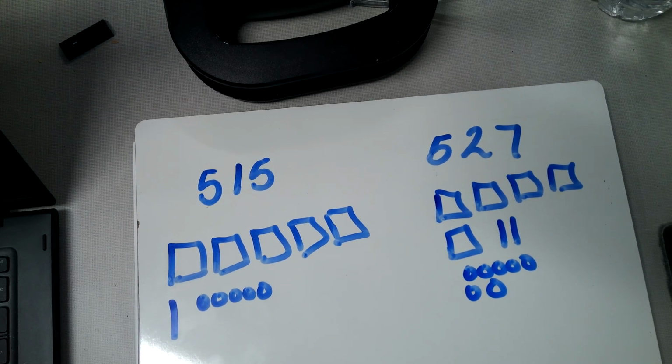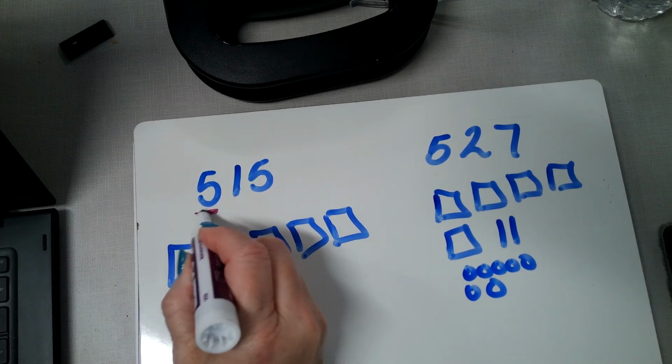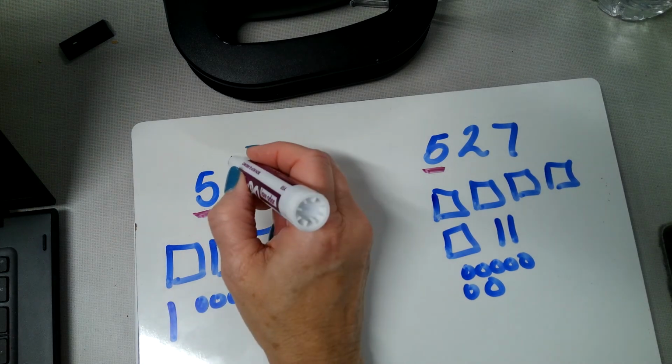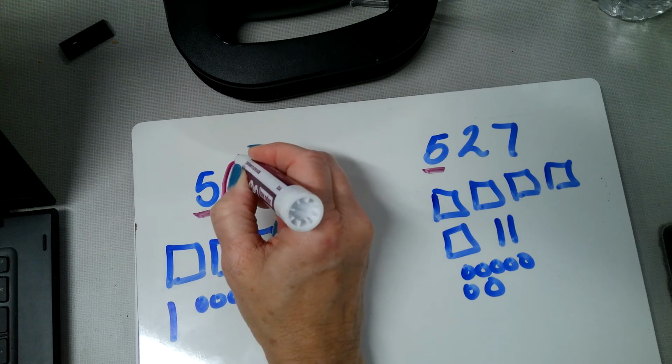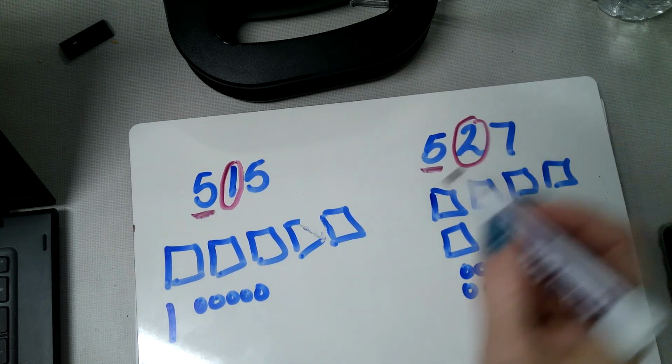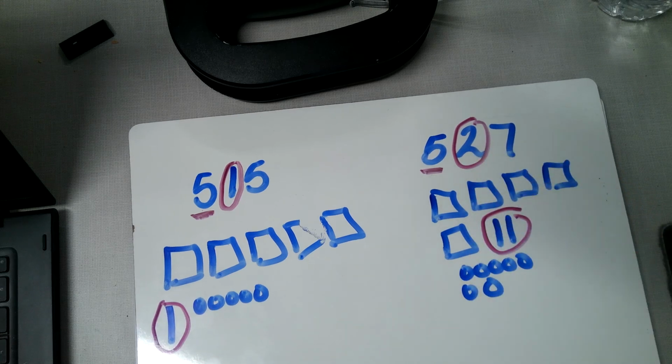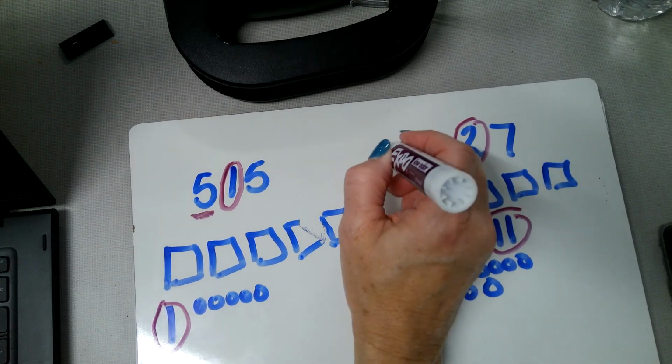515 and 527. So I'm going to look at my numbers again. First, I start with the furthest to the left, and they both have 500s. So that's the same. So I'm going to need to go look at the tens. This one has 1 ten, and this one has 2 tens. Well, 2 tens are greater than 1 ten, so this number must be larger.